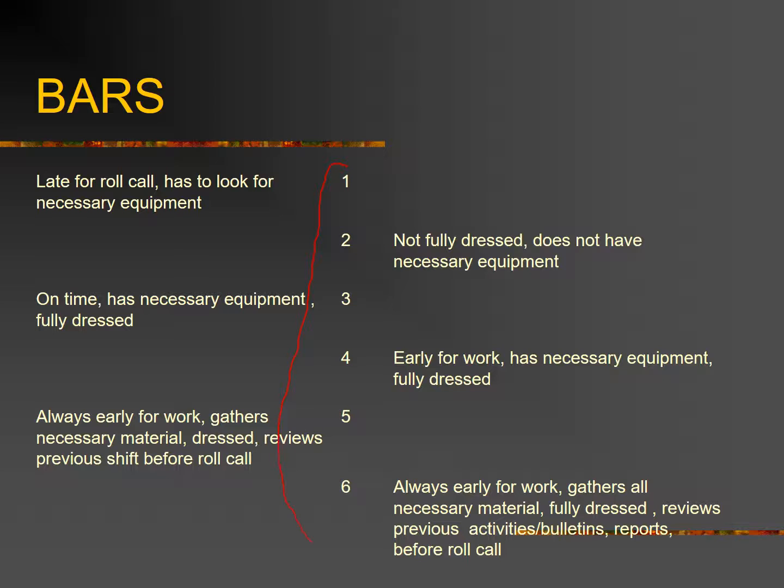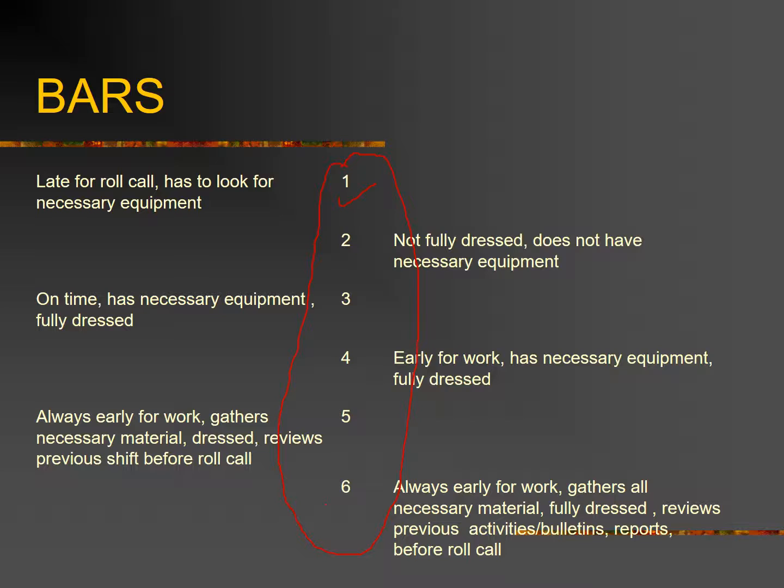These are going down. Each of these numbers would reflect a type of behavior. Say, for example, if you are scored a 1, you would know that 1 would mean that you are late for roll call and you have to look for your necessary equipment.